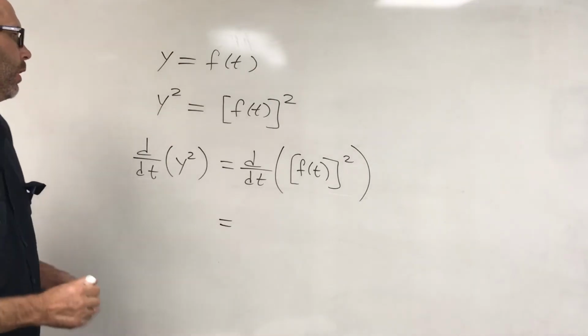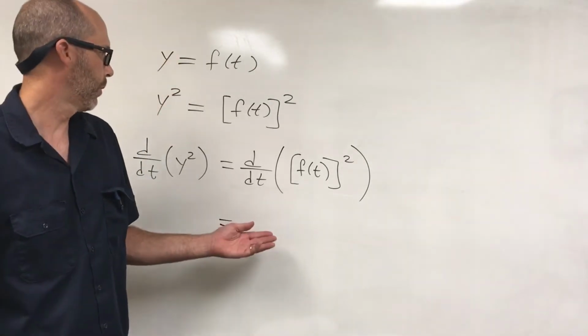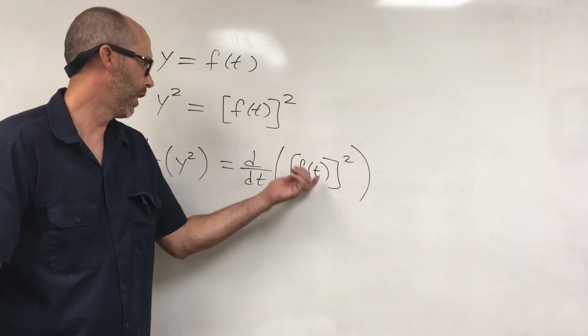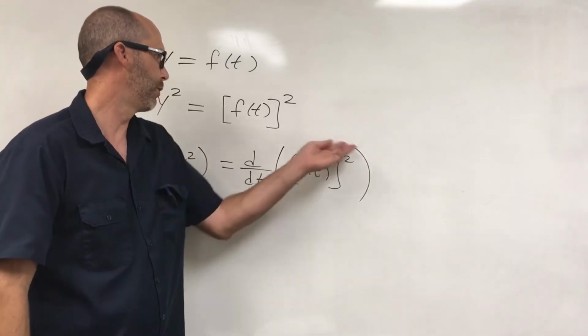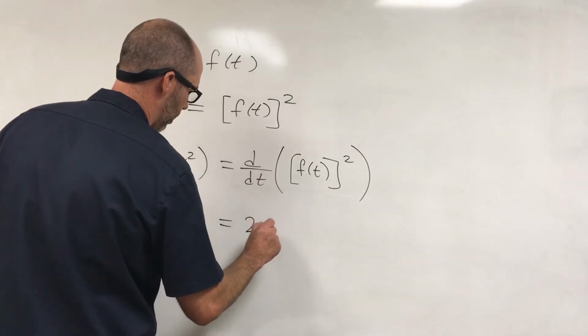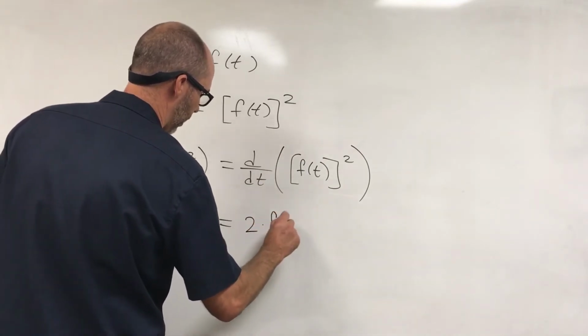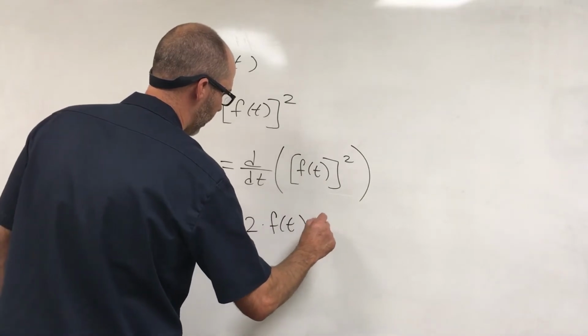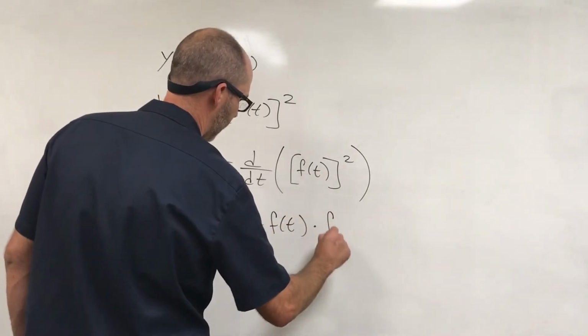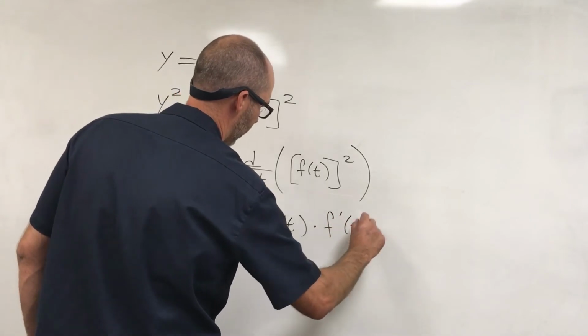Okay, so here we're going to use the chain rule. We have f of t squared. This is 2 times f of t times the derivative of f of t, which is f prime of t.